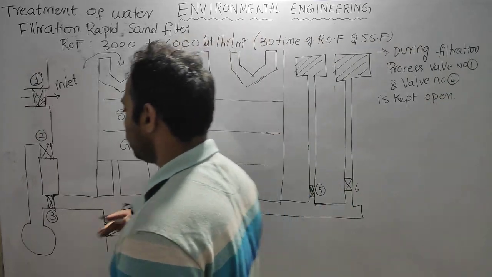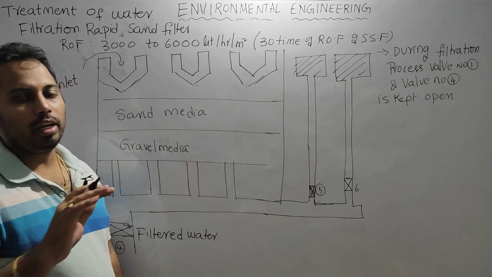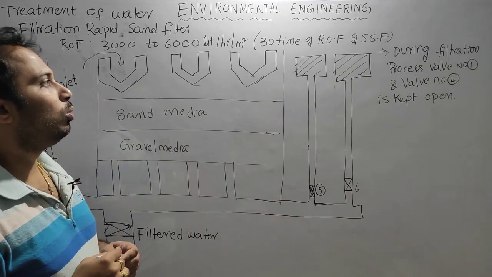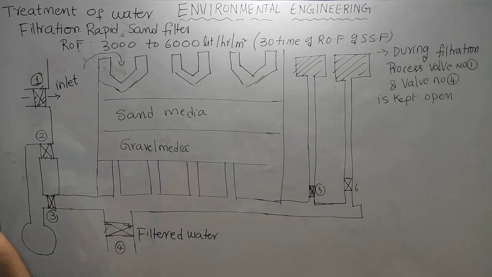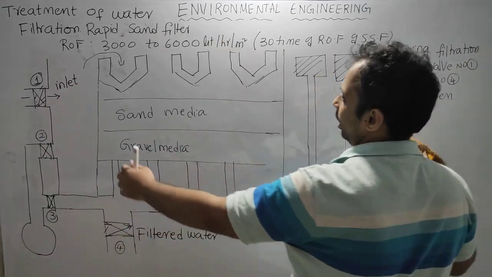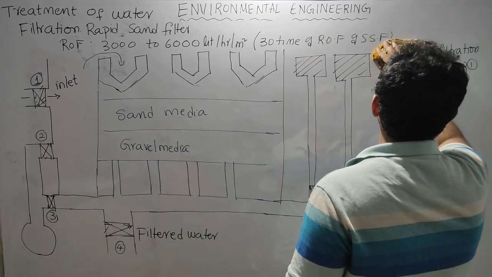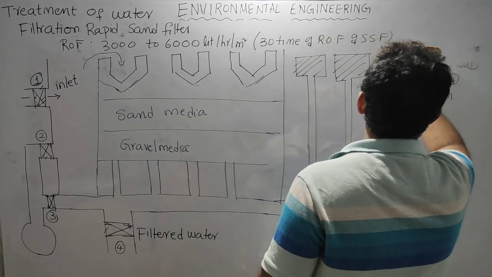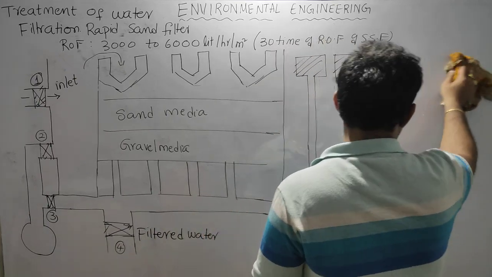Now, after some time, the filter media is completely exhausted. So we need to maintain the filter media. We need to clean the filter media. At that point of time, we will not send any more raw water. So we need to close valve number 1, and there won't be any filtered water now, so we can close valve number 4.